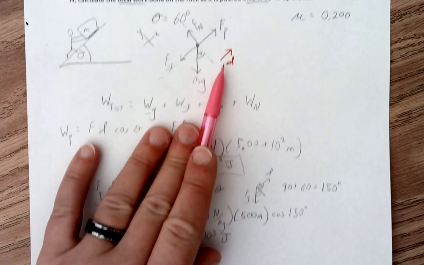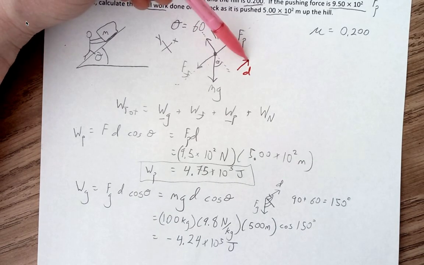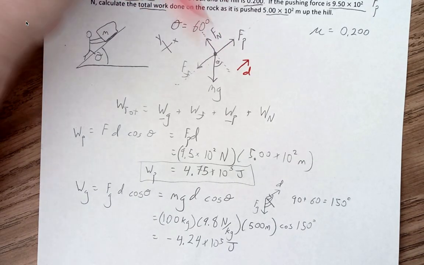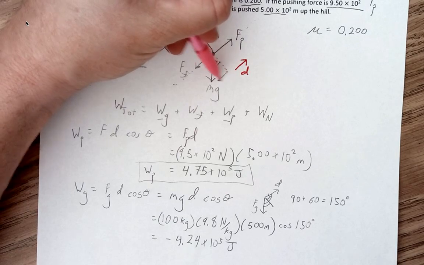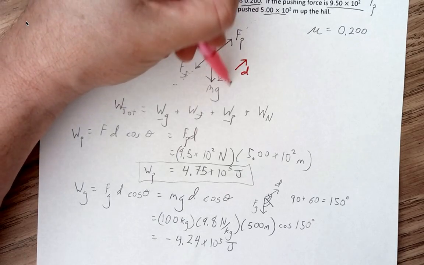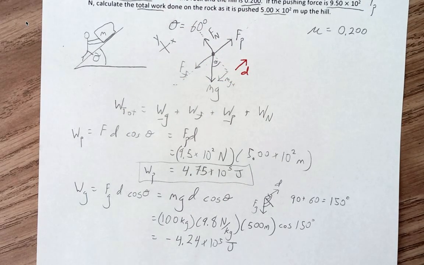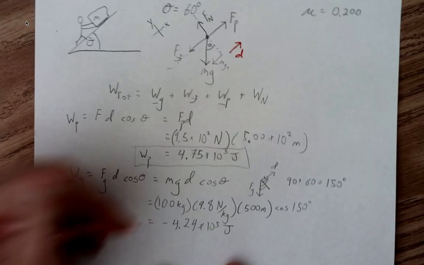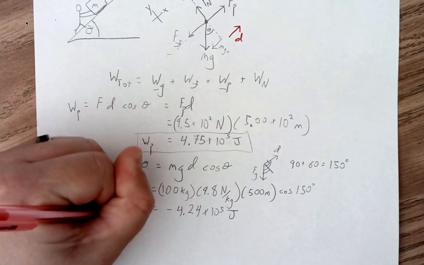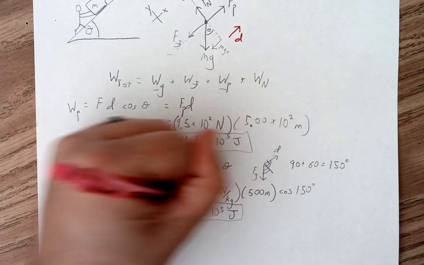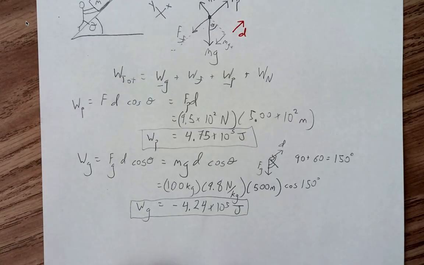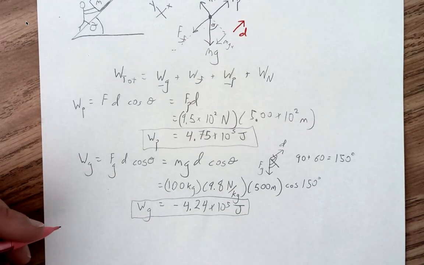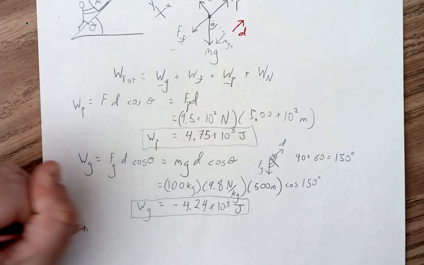Noting here that the distance is going up this way, and there's a component of this gravity here. So this mg in the x is going in the opposite way. That's why we're getting this negative work by gravity. So we can get the work done by the normal force.